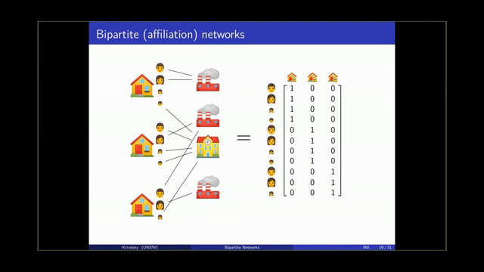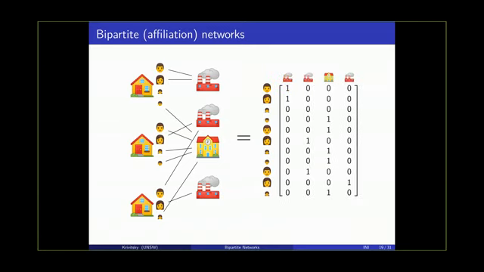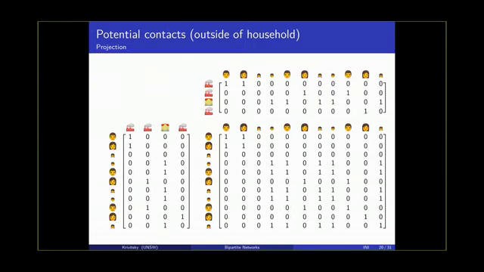And we can represent them using what's called an incidence matrix, where it's a 1 if a given person is in a given venue and 0 otherwise. So this is for the houses, this is for the places of employment or education, right? What we can do is take that bipartite network and convert it to a person-to-person network, right?